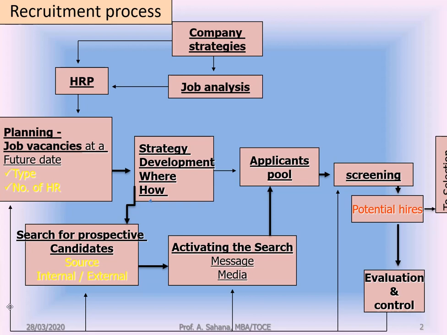For example, if the company had created an applicant pool of 100 candidates, of which 7% were underqualified and 9% were overqualified, the potential hires would constitute 84 applicants who would go to the next level of the hiring process, what we call as the selection process. The potential hires also would be referred to as the prospective candidates for the further rounds of the filtration of the hiring process.